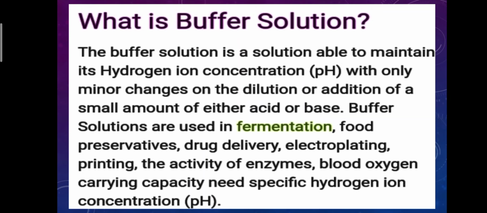Buffer solutions are used in fermentation, food preservatives, drug delivery, electroplating, and printing. The activity of enzymes and the blood's oxygen carrying capacity need a specific hydrogen ion concentration, that is, a specific pH.